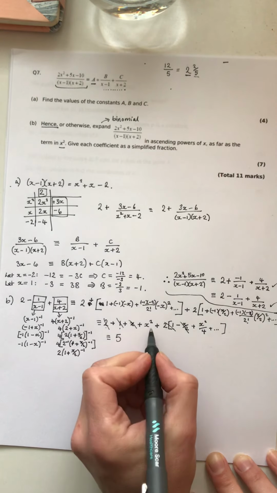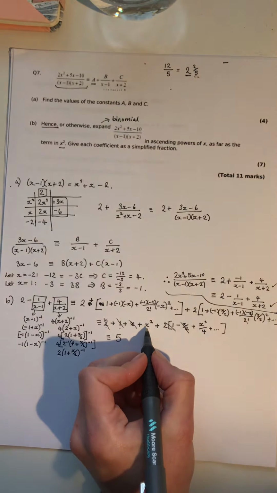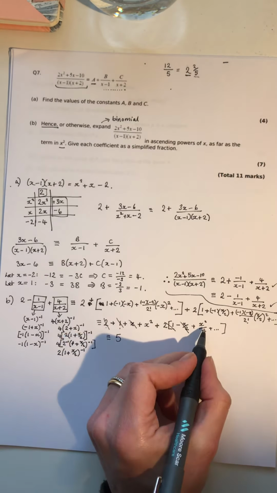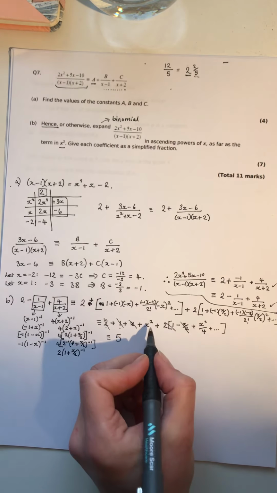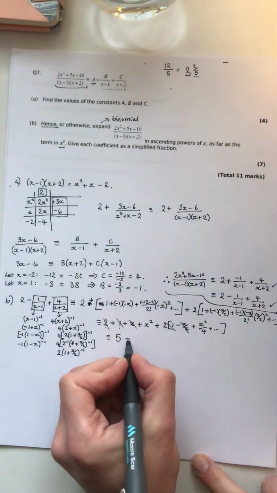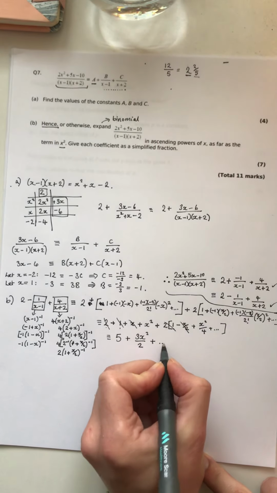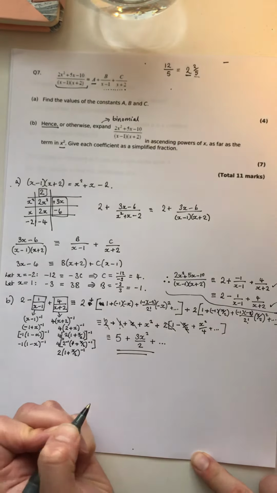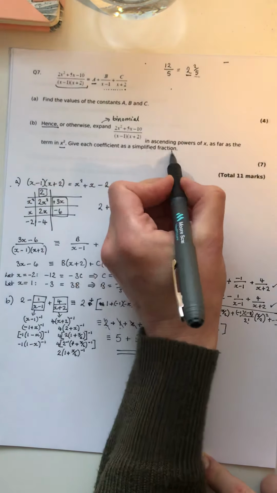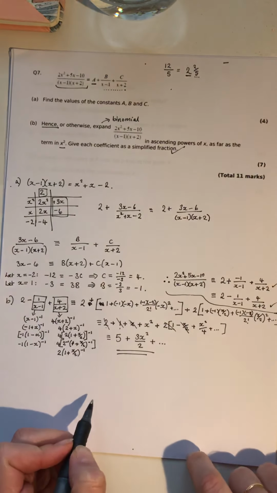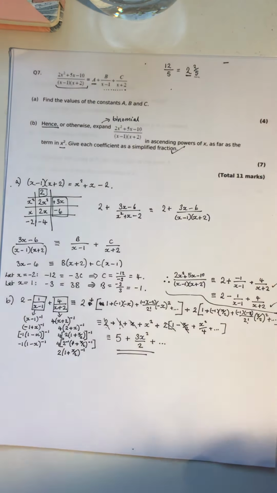And then we've got our 1x squared. Here we've got 2 lots of x squared over 4, so that's a half x squared. So 1x squared plus half x squared is going to be 1.5 x squared. And that is the final answer, giving each coefficient as a simplified fraction. Yes, I've done that, and I'm finished. So that's question 7 for you.